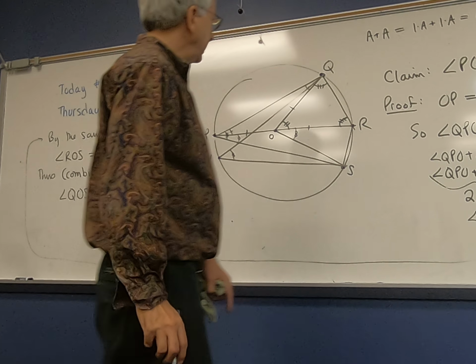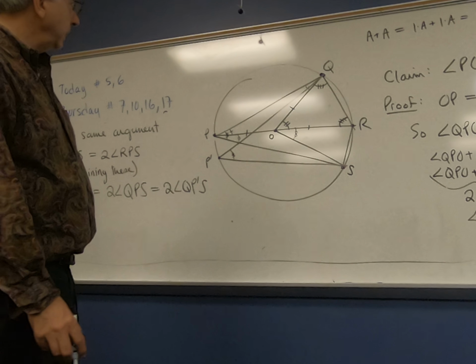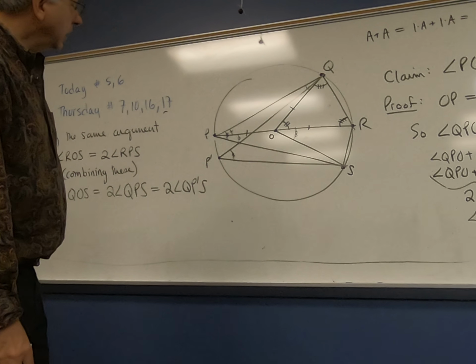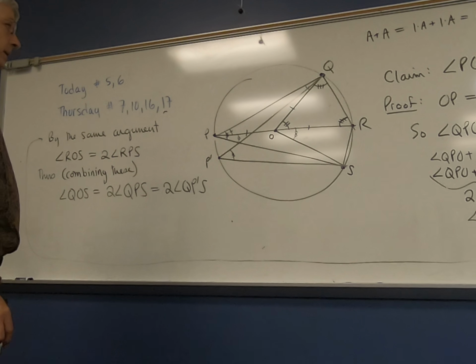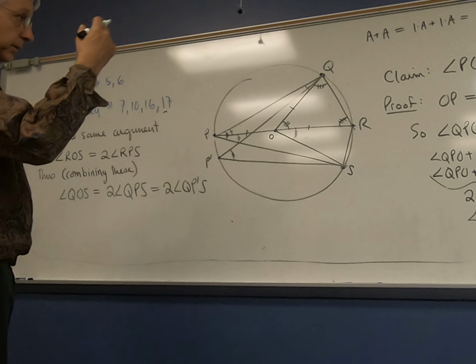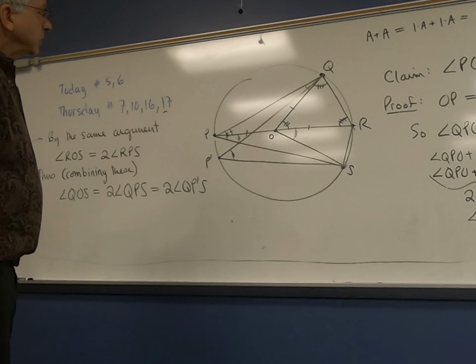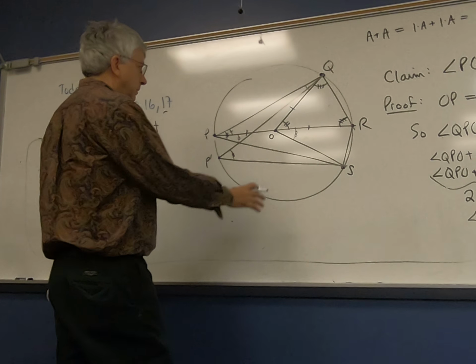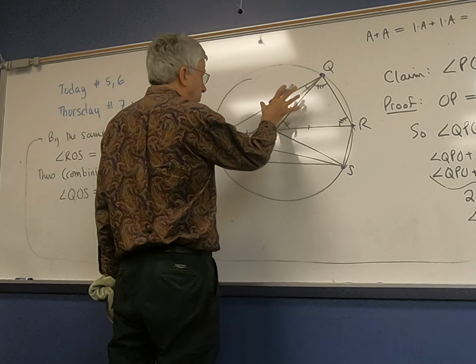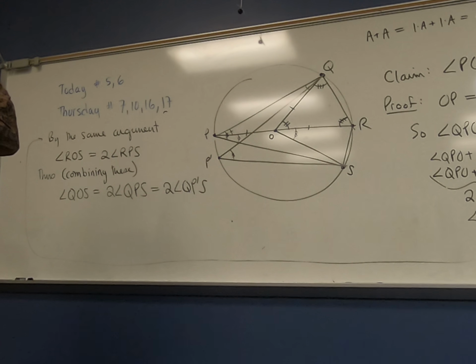And so QPO must be a right angle, because you divide both sides by 2, you get angle QPO must be 90 degrees. So a triangle inscribed in a semicircle, which I think is the big takeaway from this as to the importance in Ptolemy's diagram, is that if you inscribe a triangle in a semicircle, then it has to be a right triangle.